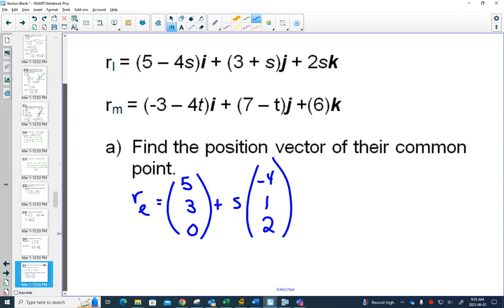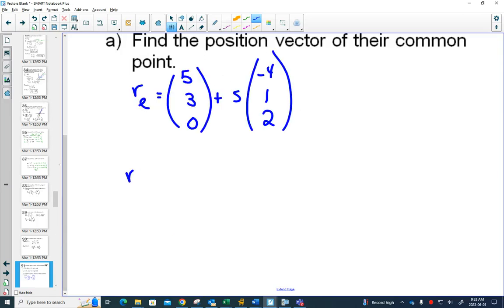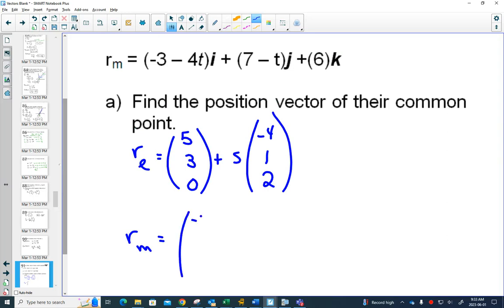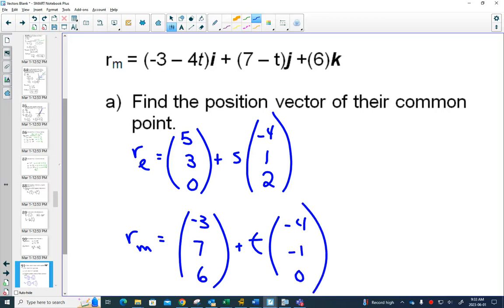And R with line M, that one has -3, 7, and 6 plus T and -4, -1, and 0. So we get two sets of vector equations of the lines.